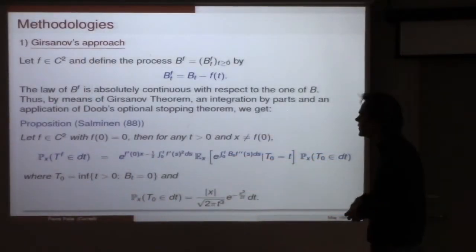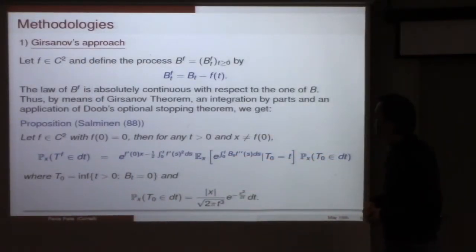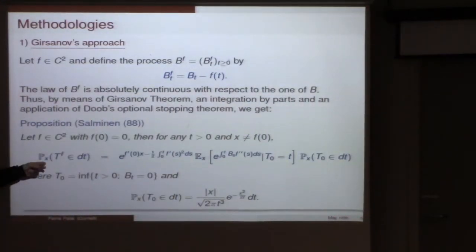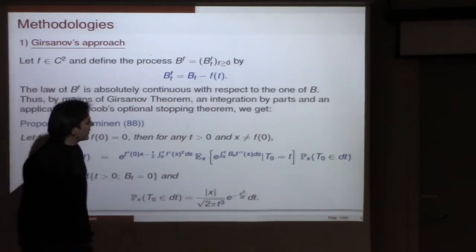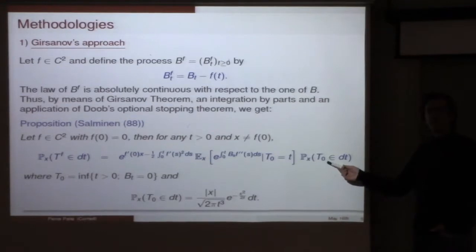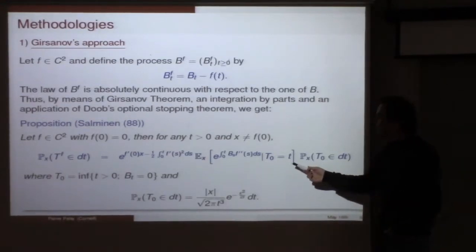So if you have a function which is C2 starting at 0, then you have the distribution of Tf, which is expressed in terms of the distribution of the Brownian motion hitting the level 0, and some terms here.